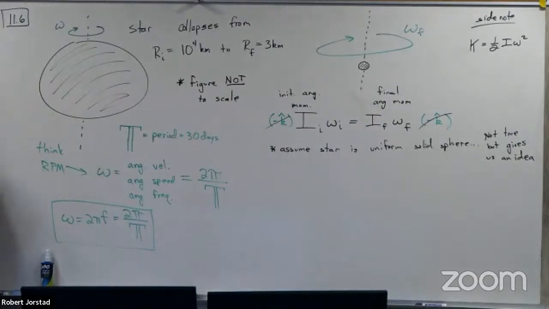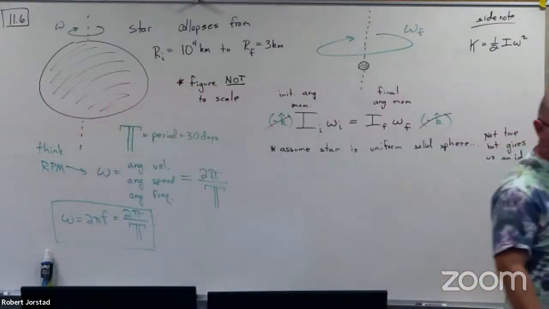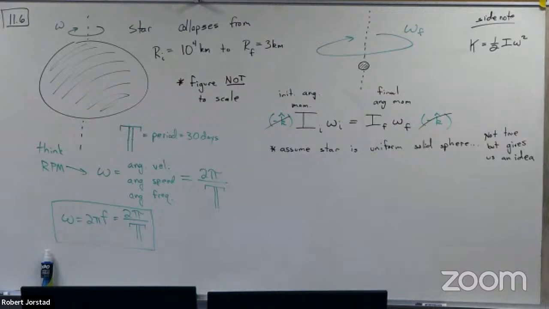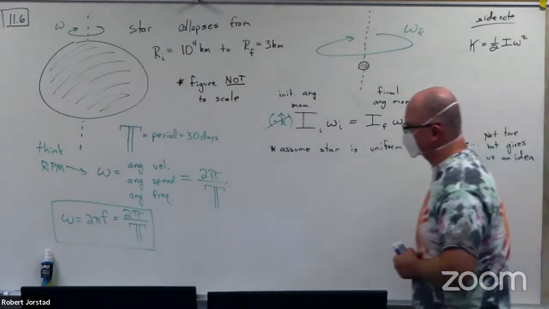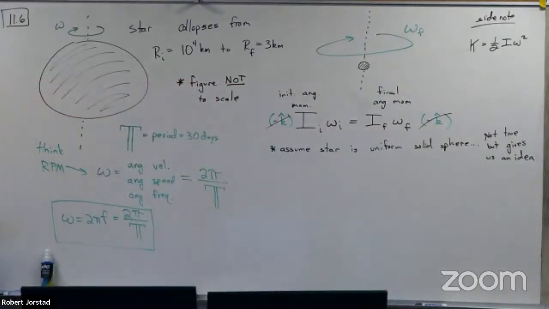Clearly, stars are not going to have a uniform mass distribution, but we've got to start this problem somewhere. So we're going to get an approximate idea of what's happening here, right? So that's fine. When we do this, what is the moment of inertia initial of this star? What's the general equation for the moment of inertia of this shape? Solid sphere.